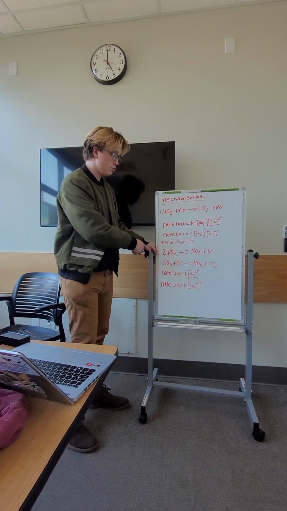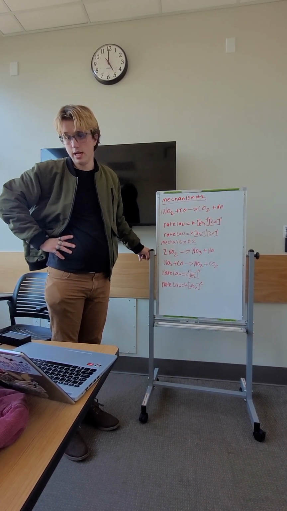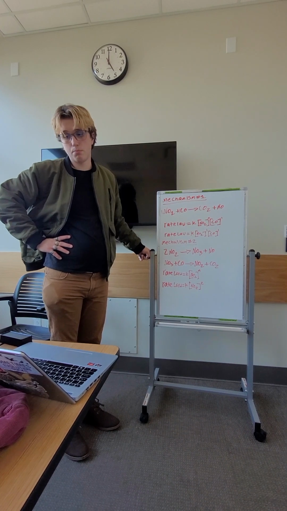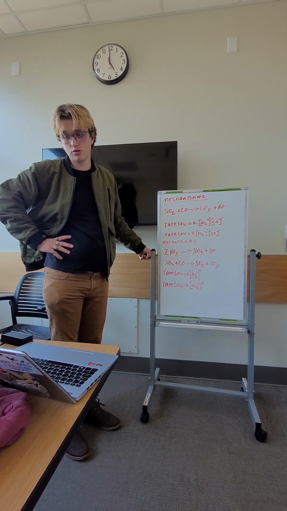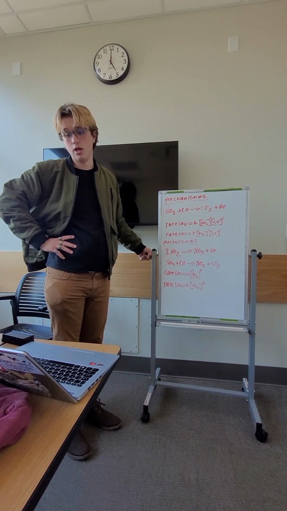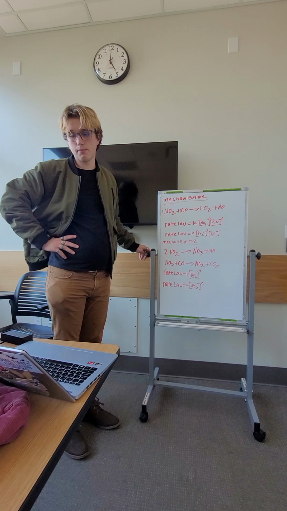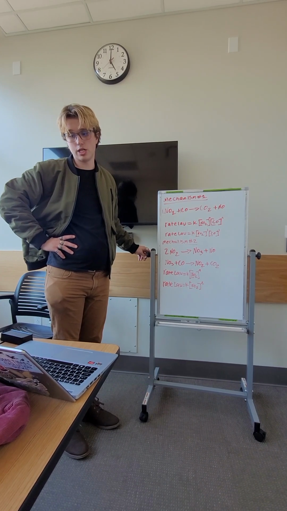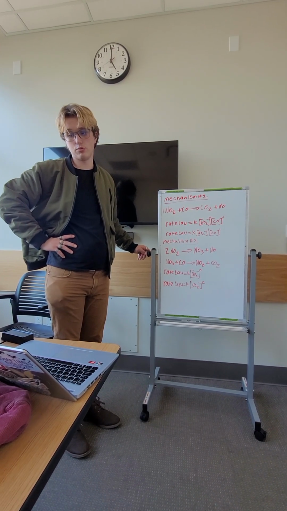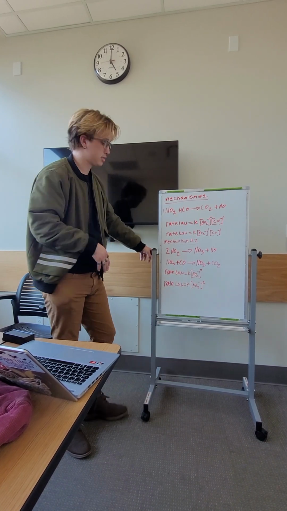For mechanism 2, it states that there is another possible mechanism in which two nitrogen dioxide molecules collide in a rate determining step to form NO and NO3, and then there's a second, much faster step in which the nitrogen trioxide molecule collides with a carbon monoxide molecule to form the products.